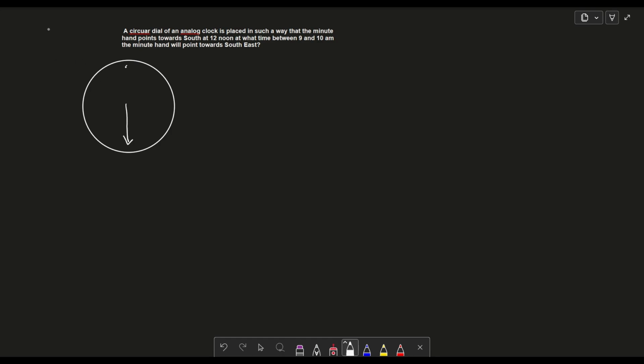So what are the standard directions? This is my north, this is my east, west and south. From this we can conclude that at 3 our minute hand points in west, at 6 it will point in north, and at 9 it will point in east, right?